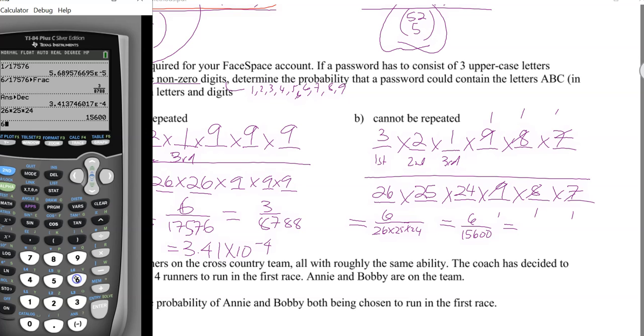Let's see if we can reduce that. So we got the decimal. The probability is 1 out of 2,600, or 3.85 times 10 to the negative 4.